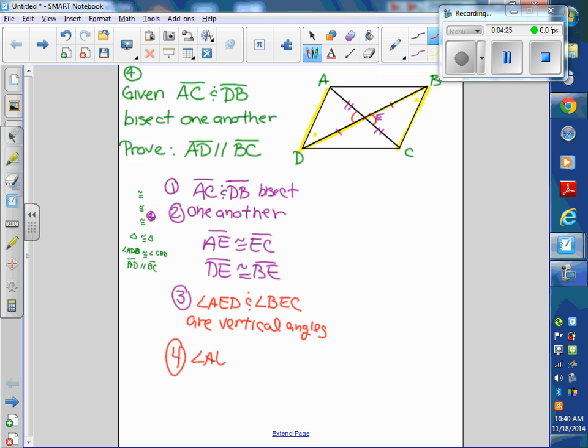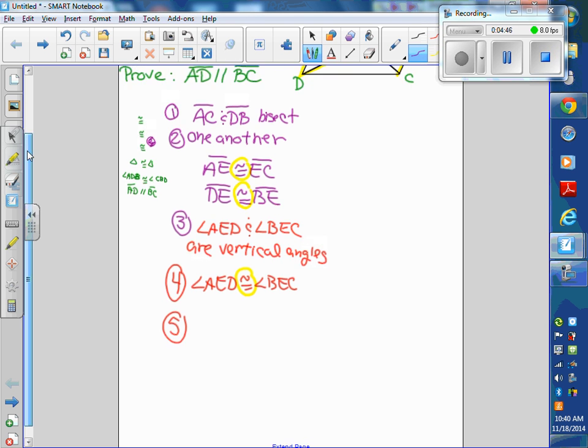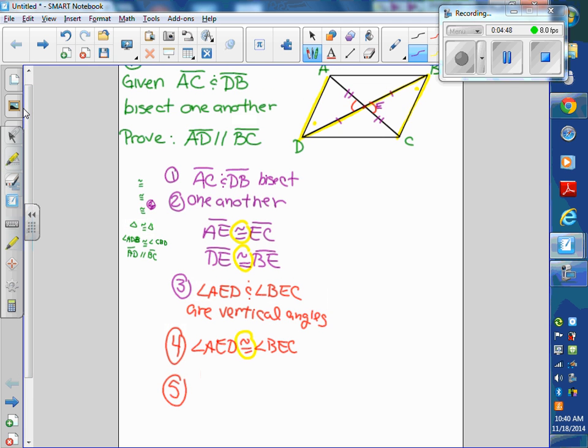Therefore, they're congruent. Now I have my 3 congruent statements. So I can say that my triangles AED and the first letter has to be C.